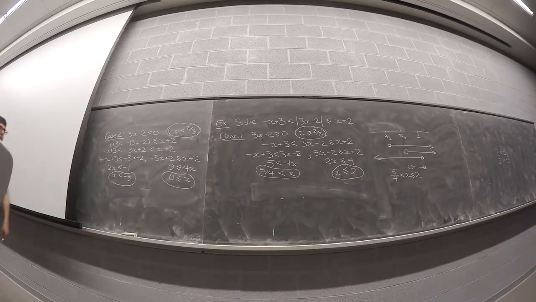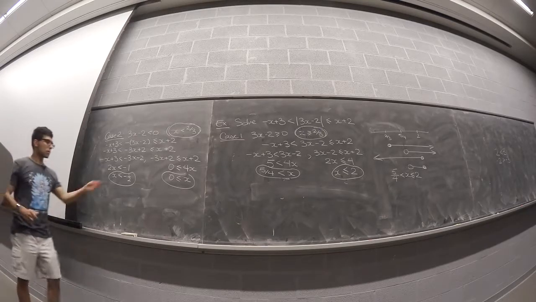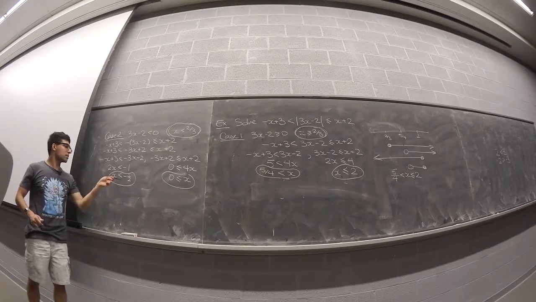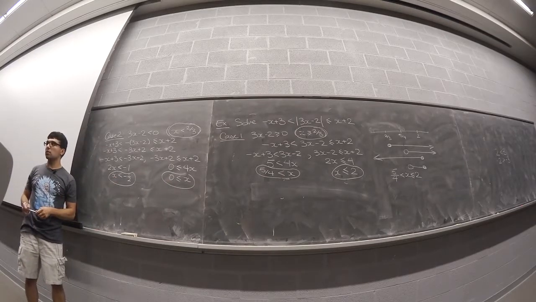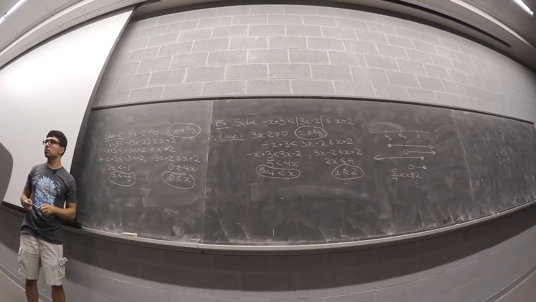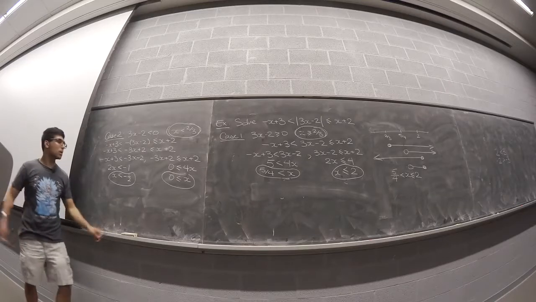Does anyone know the answer already? Look at these two. I want x to be greater than or equal to 0 and x less than minus 1/2. That's nonsense. Okay? Can't have something be less than a negative number and greater than or equal to 0. So it doesn't work.